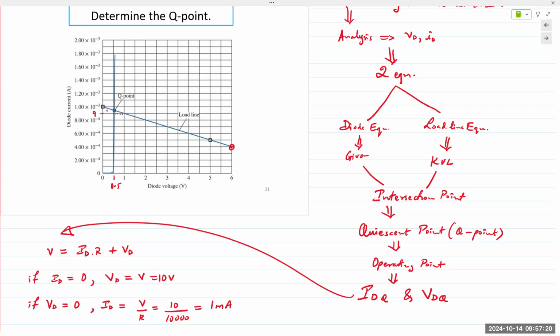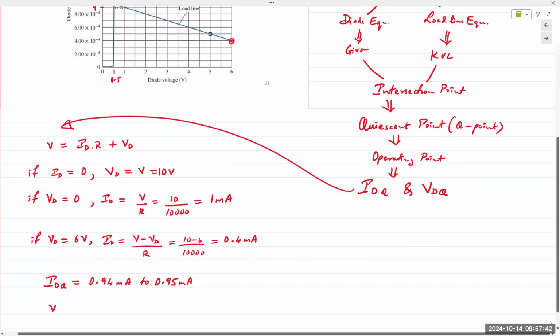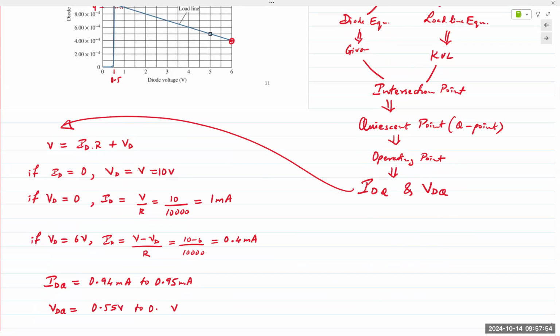It's about 0.6 or maybe slightly less than 0.6 volts. What do y'all think? 0.55, yeah, I would give full credit to that. So I would say somewhere between 0.55 and 0.56. So VDQ would be 0.55 to 0.56 volts. Oh, not 0.56, sorry, 0.6 volts.